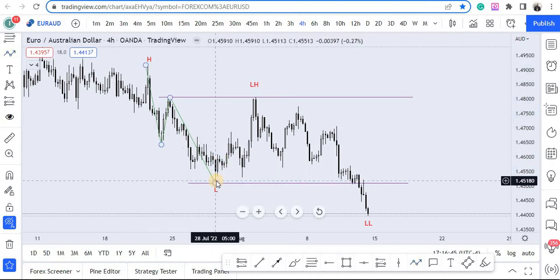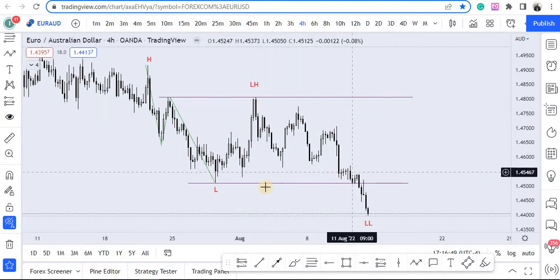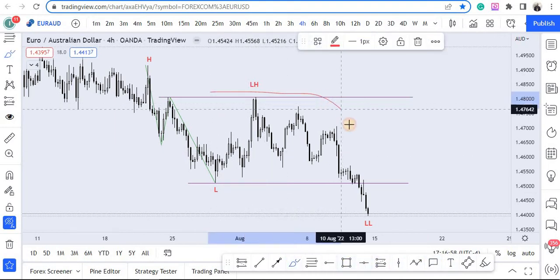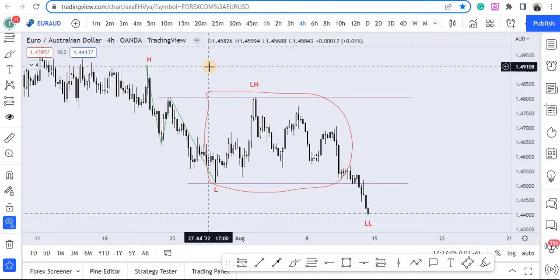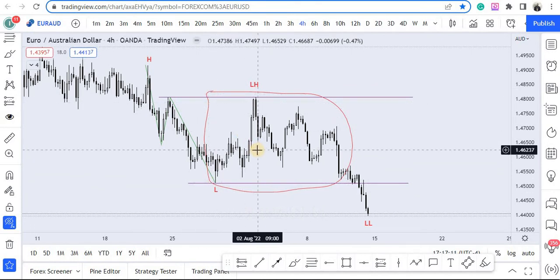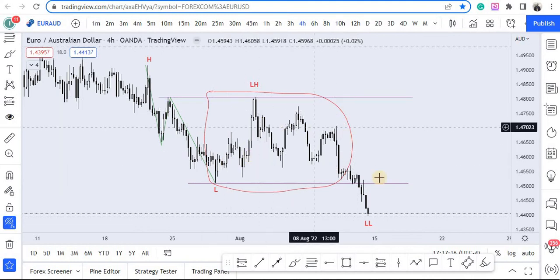For all this time, for this portion, price was not able to break this low. Do you know what I'm going to do? I'm not going to label anything that is here.